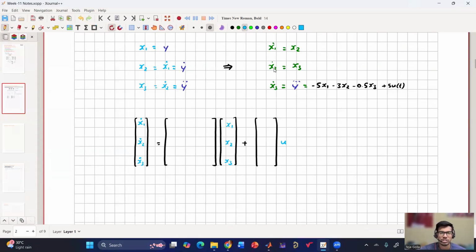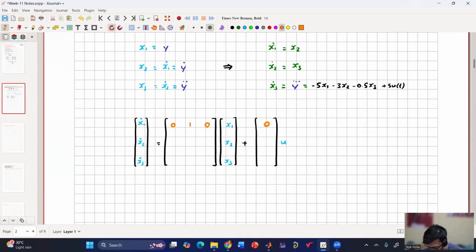So x1 dot is x2, x2 dot is x3. If x1 dot is x2, then what will be the three elements in the first row? As we are multiplying the matrix A with the x state vector, we should get x1 dot, which is nothing but x2. So the first row will have only 0, 1, 0, because it is x2, and there is no input also.